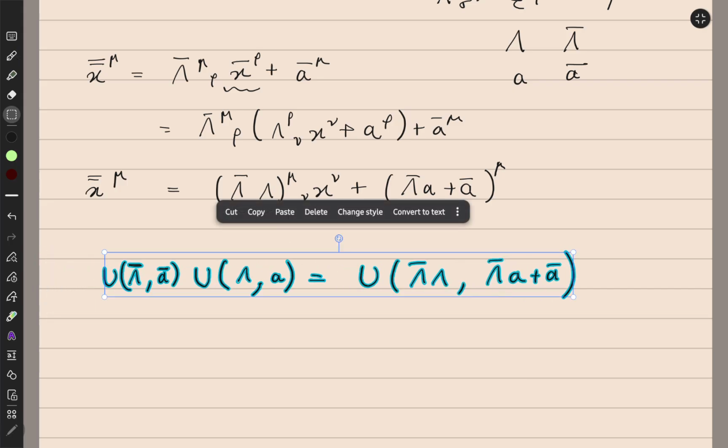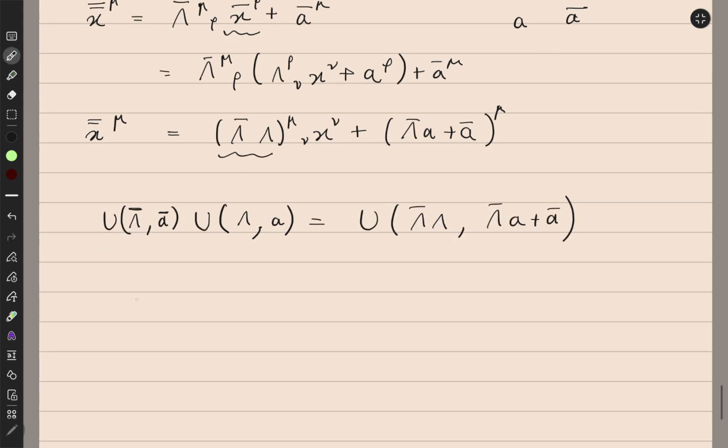And we can also just say that for the transformation that corresponds to no space-time translation, that is, if all a's are 0, then we get the homogeneous Lorentz group where we have this simpler structure of this type.